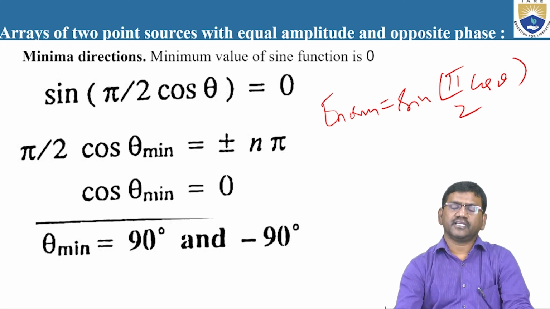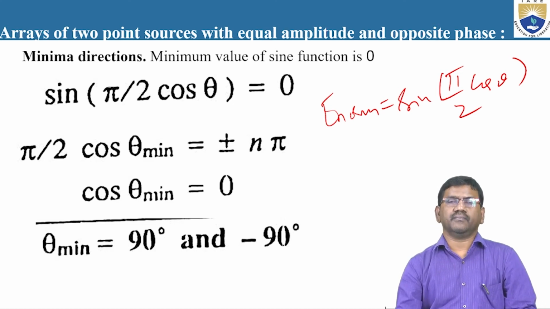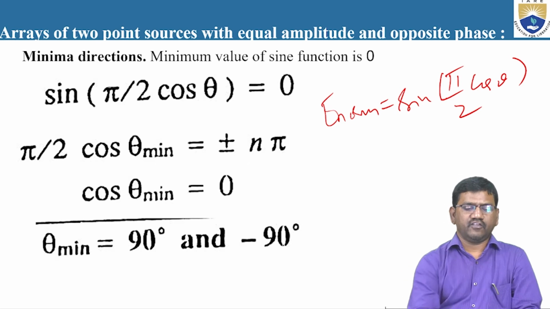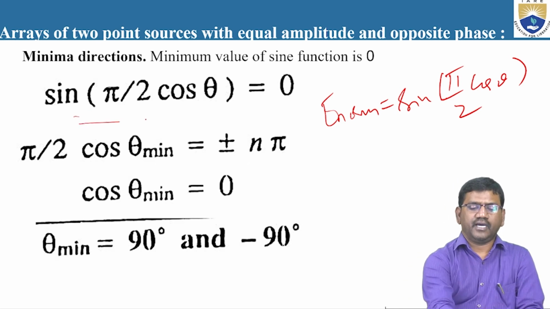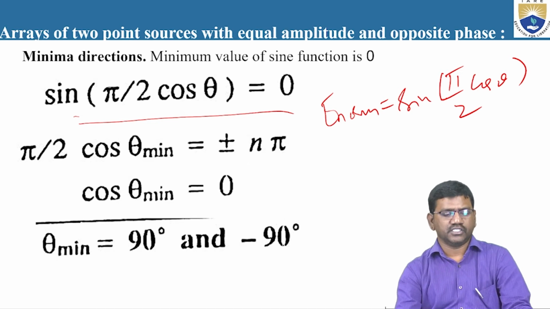The electric field strength will be minimum when the sine function is minimum, and the minimum value of sine function is 0. So we can write that sine of pi by 2 cos theta will be equal to 0.